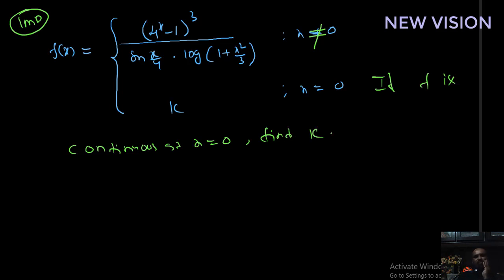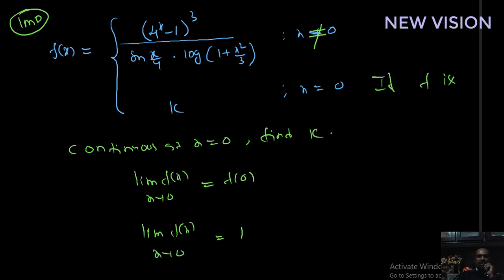Okay students, what should we do? The limiting value of f of x as x tends to 0 should be equal to f of 0. Which is given as k. So if you find the limit of this function, what we get is k.